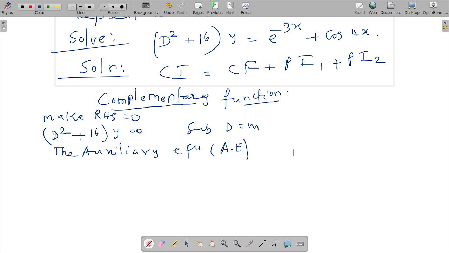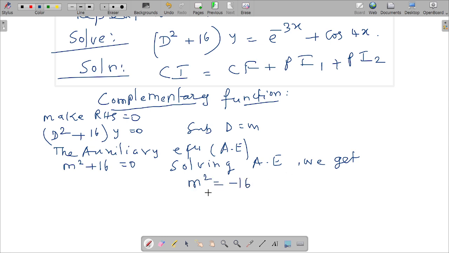So after substituting D equal to m, the auxiliary equation becomes m square plus 16 equal to 0. Solving the auxiliary equation, we get m square equal to minus 16. So m square equal to 16 into i square, minus can be written as i square. So m equal to plus or minus 4i.